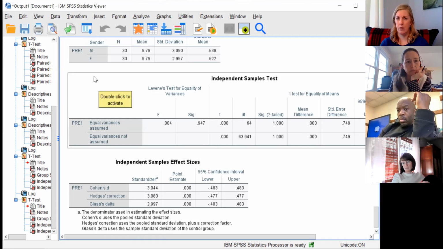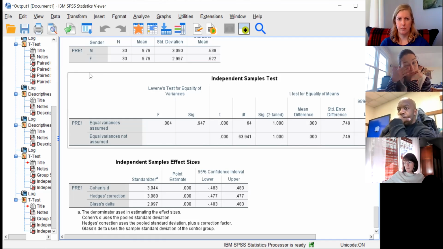Is that because they have the same means on the pretest? Yeah, we matched them. We basically said, okay, let's take a male that has a particular value and a female that has a particular value. And now let's take another male that has a value and a female that has the same value. So we did a matching on the pretest, which sometimes you will do because you don't want there to be any differences on the pretest.